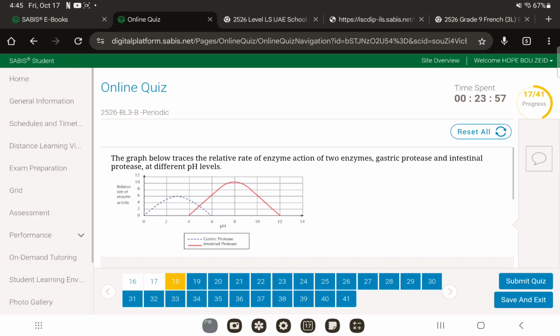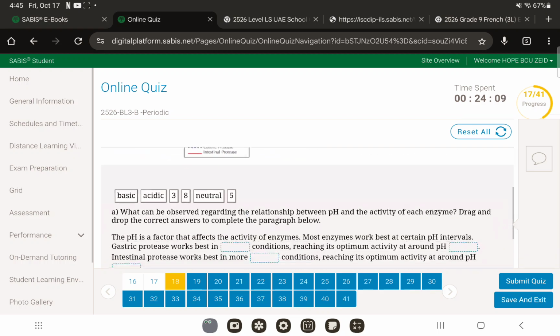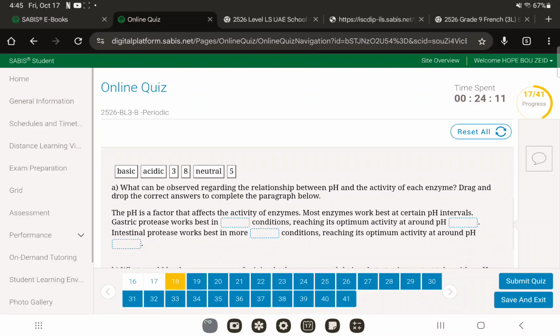The graph below traces the relative rate of enzyme action of 2 enzymes, gastric protease and intestinal protease, at different pH levels. What can be observed regarding the relationship between pH and the activity of each enzyme?